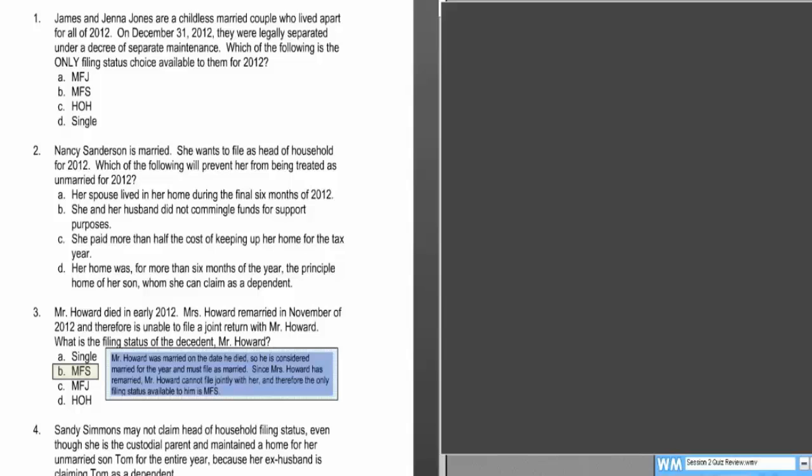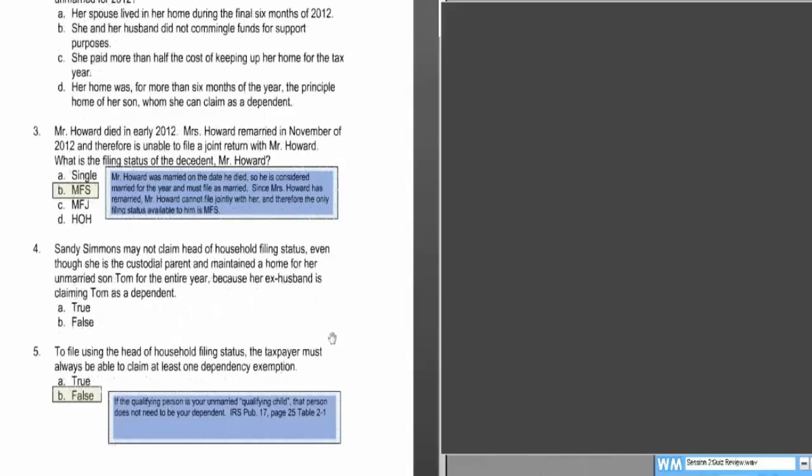And head of household will not work because Mr. Howard does not meet any of the requirements for head of household. So Mr. Howard will be filing married filing separate, and Mrs. Howard will be filing however she chooses to with her new spouse. It'll be married, but whether it's married filing joint or married filing separately, that will be up to them.